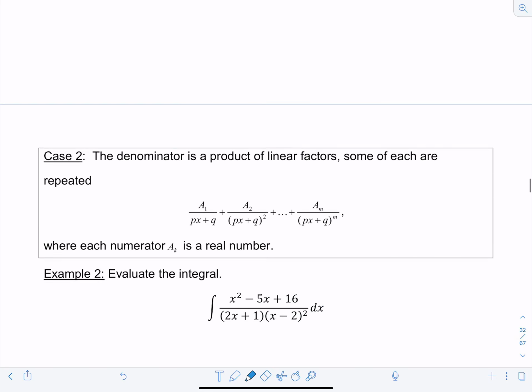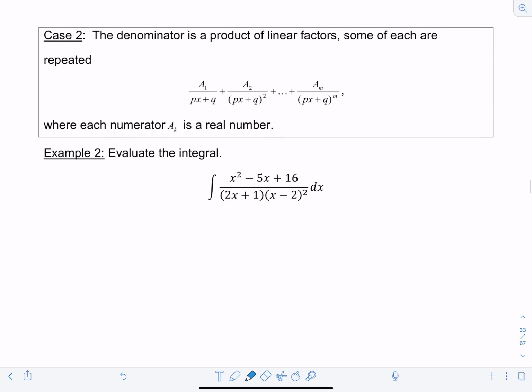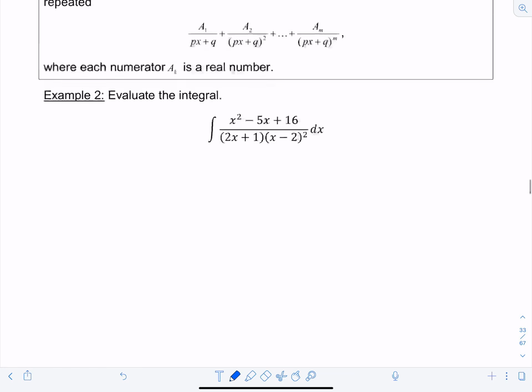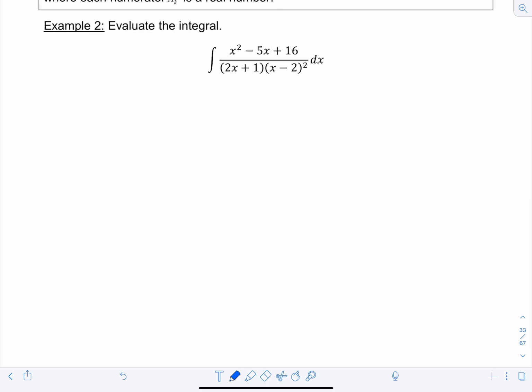Here we go. Case 2, the denominator is a product of linear factors. Some of each are repeated. So basically, some of the linear factors may be raised to higher powers than the first. They might be repeated. So what does the setup look like? Well, I'll show you right now. So say you have the following integral, x squared minus 5x plus 16 over 2x plus 1, and then here's the little problem child that puts us in case 2.